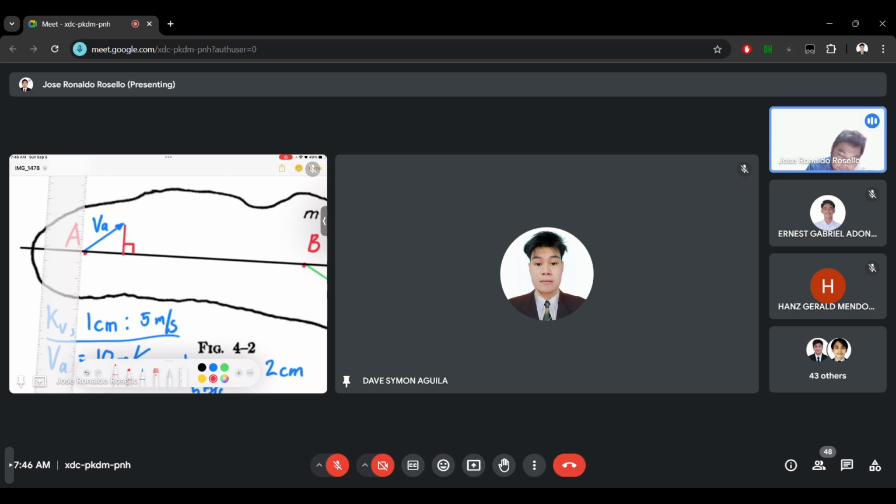It has to be perpendicular, and this intersection point will be the end of the other vector. Once we made this perpendicular line, this is already the first component vector. Then for this one, we go from the origin to the intersection point.